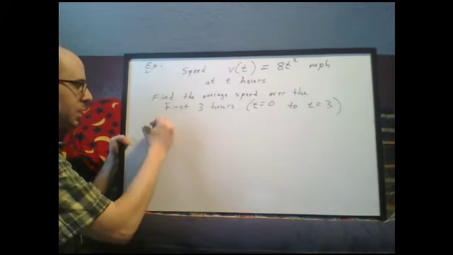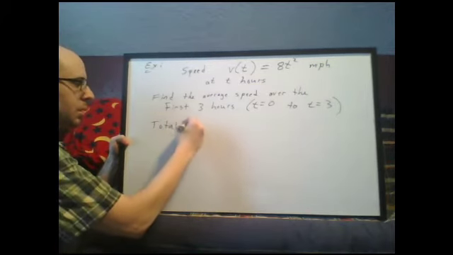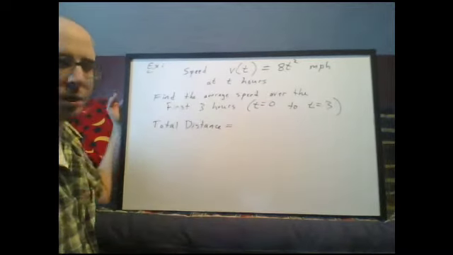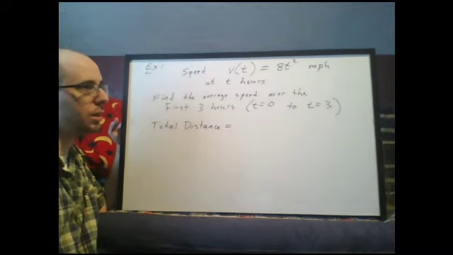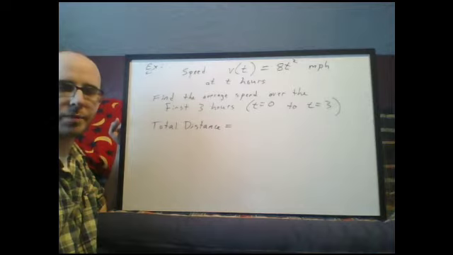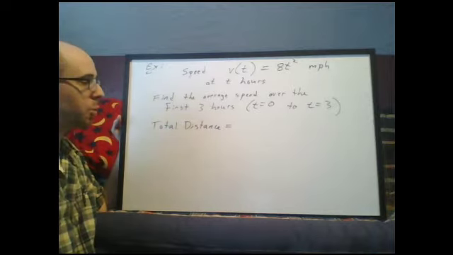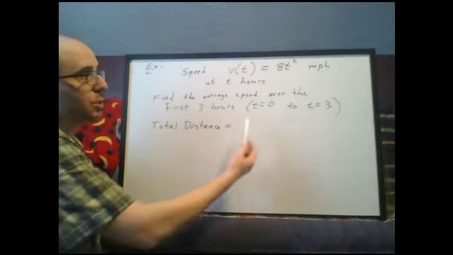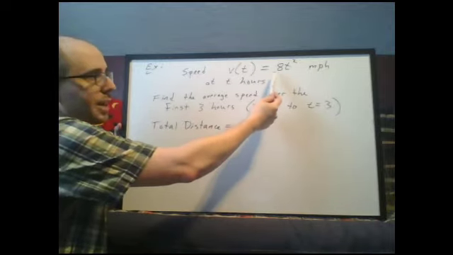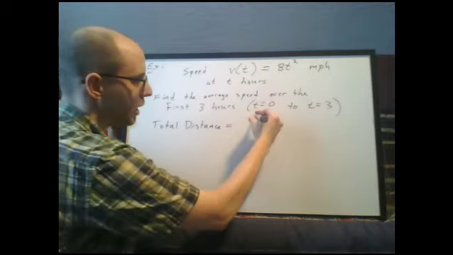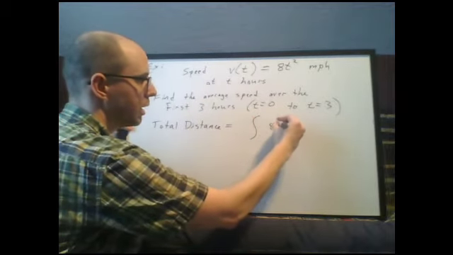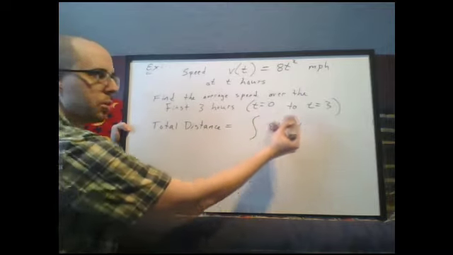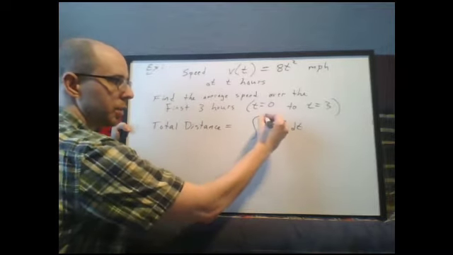So my total distance, like we talked about in the introduction to definite integrals, the total distance would be a number of miles. So to get that from speed, I would need to integrate this. I want to integrate my velocity function, 8t squared dt. I'm traveling from t equals 0 to t equals 3, so I'd integrate from 0 to 3.